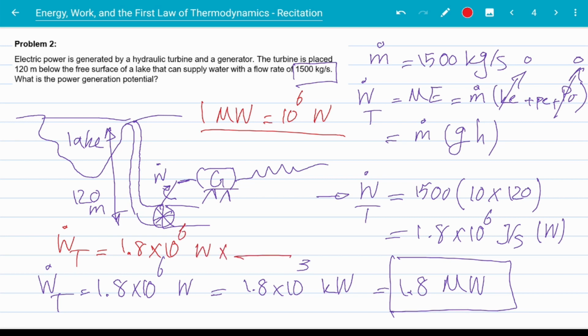Then I'm going to multiply this number with a fraction of 1. This fraction has the unit that I want to end up with in the numerator and has the conversion rate in the denominator. So watts cancel each other, 10 to the 6 cancels 10 to the 6. We end up with 1.8 megawatts. That's how you do conversions.